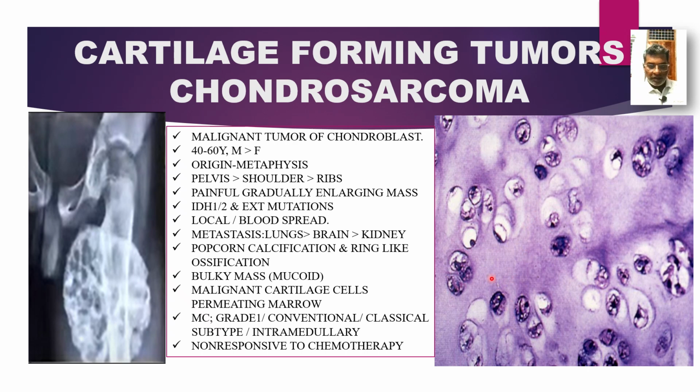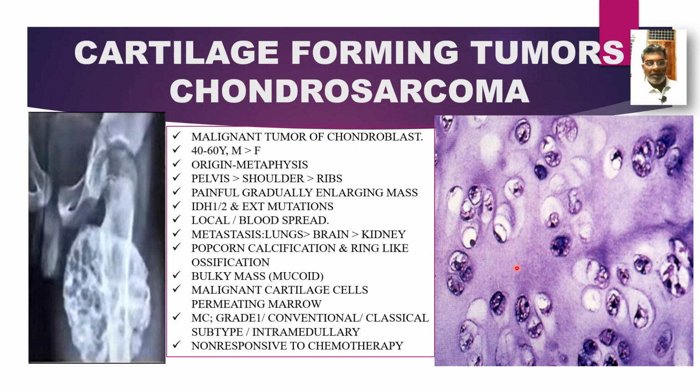You can see one, two, one, two, three. So they are permeating the marrow. Malignant cartilage cells are permeating the marrow. This is a characteristic feature of chondrosarcoma. Permeation is present in chondrosarcoma. Simply remember like that. Okay.